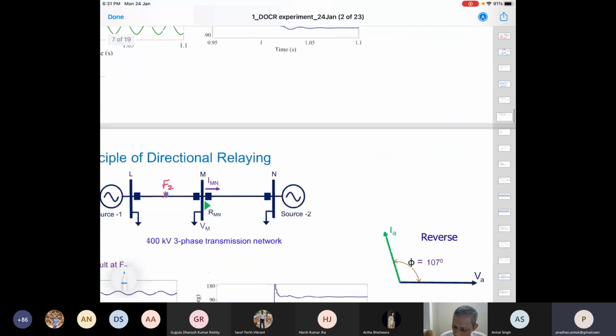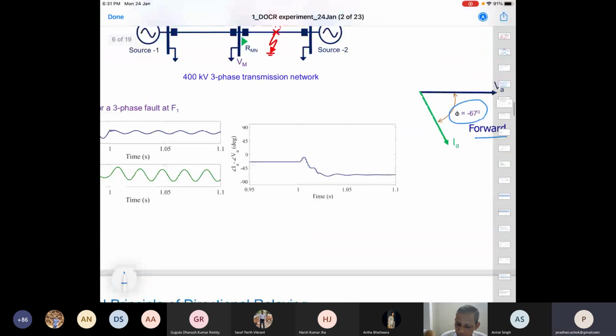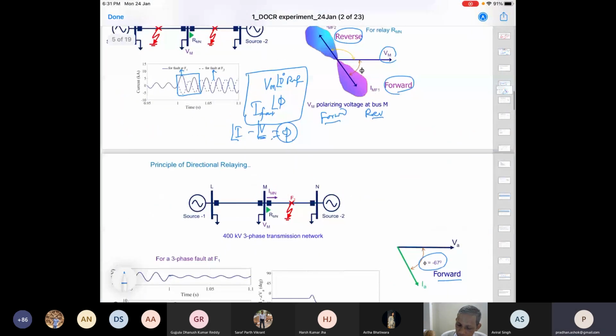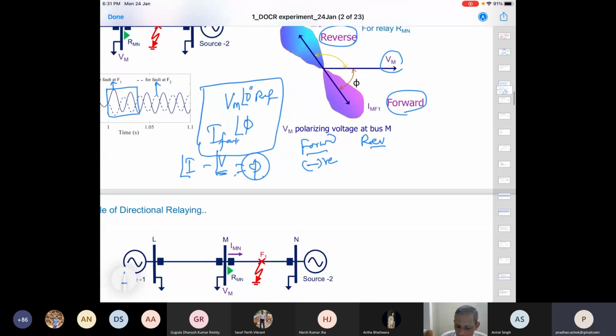And if this phi becomes positive, then it is a reverse fault. This is the conclusion from the phasor diagram: the phi value, the angle of I minus the angle of V, is negative for a forward fault.